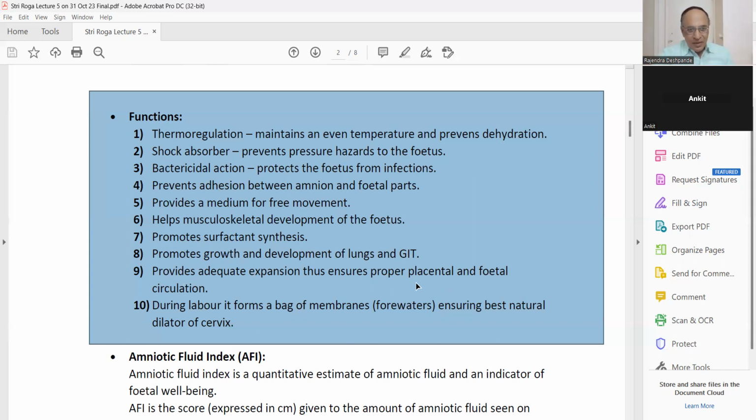Okay. During labor and delivery, it forms a bag of membranes that is called the forewaters, ensuring the best natural dilator of the cervix. When the baby is at 9 months, 9 days, the baby is coming towards the vagina, at the mouth of the uterus, the cervix, and then the vagina. Head is engaged.